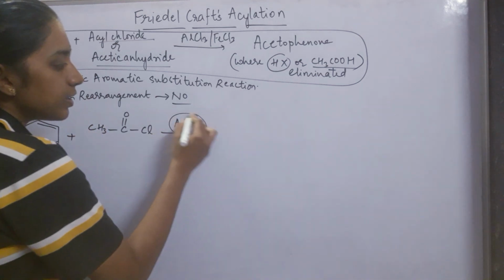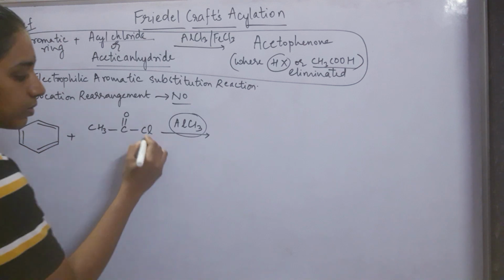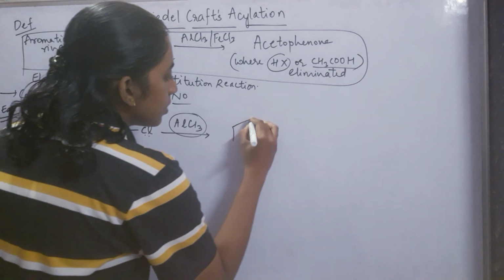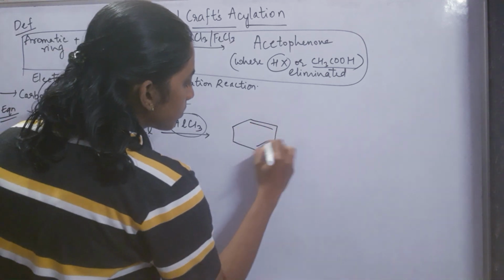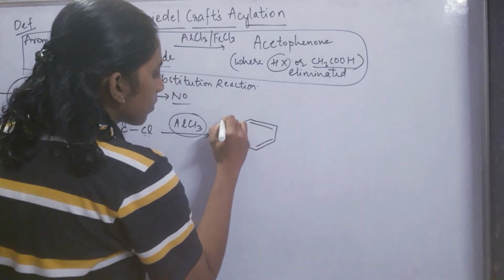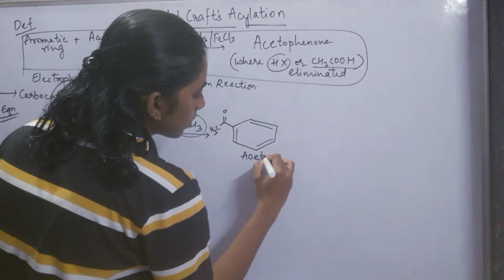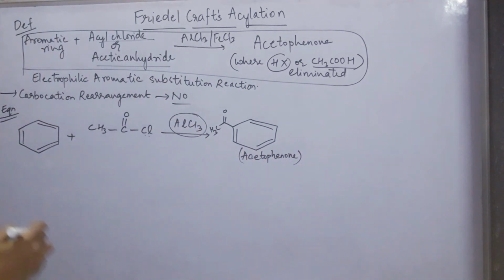So here AlCl3 is accepting electrons from the chlorine. Okay, we'll see that in the mechanism. And the product will be acetophenone. This is acetophenone. Now we'll be seeing the mechanism.